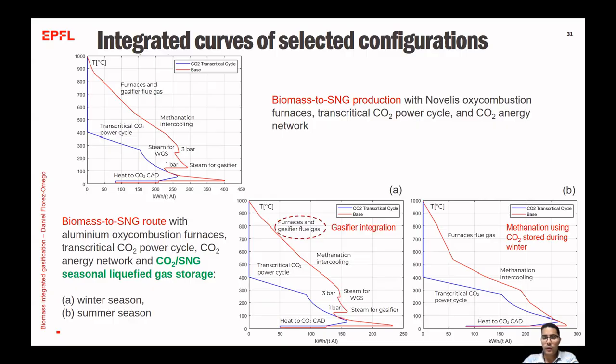But then in the winter, the electricity is not used to generate more methane because the electricity is more expensive. Then in that case, we just consume the amount of gas that has been stored in the methane storage tank, and the gasification system continues producing more fuel that is used in the overall system in the aluminum remelting, but as well in the district heating network.